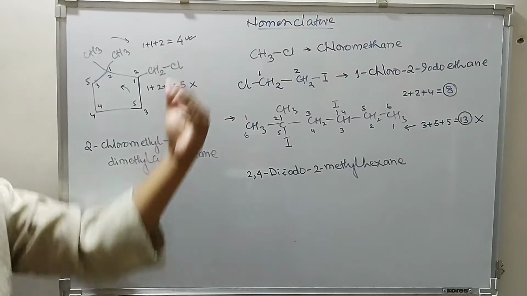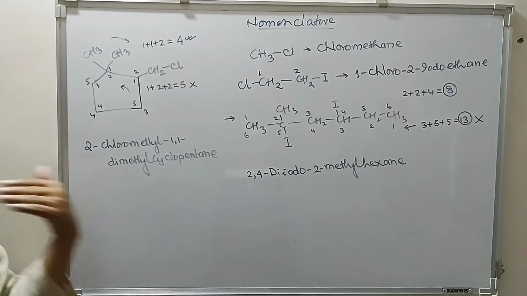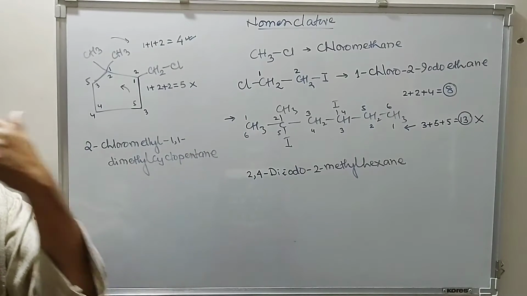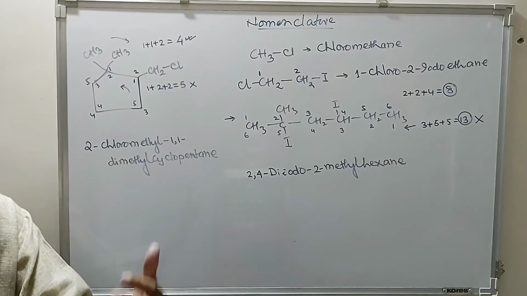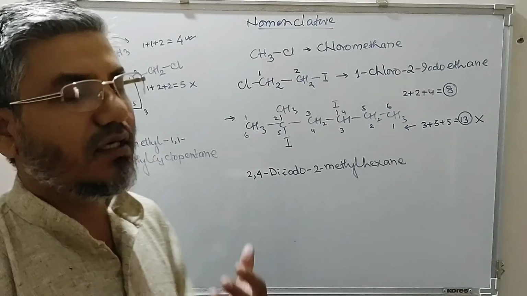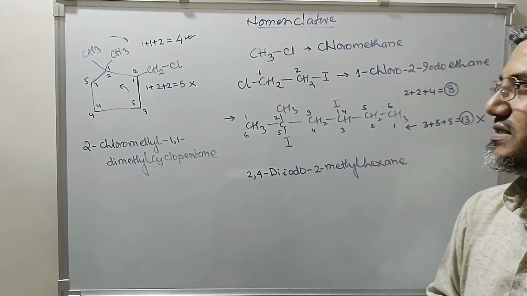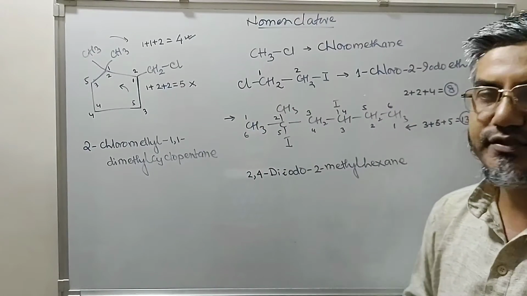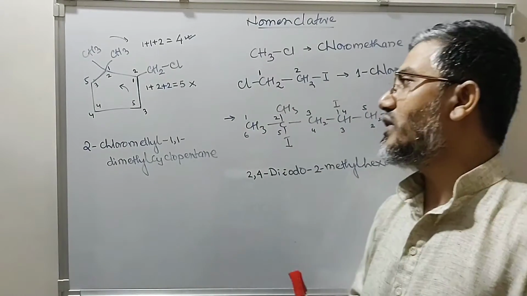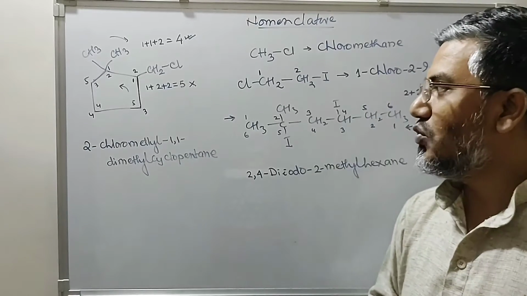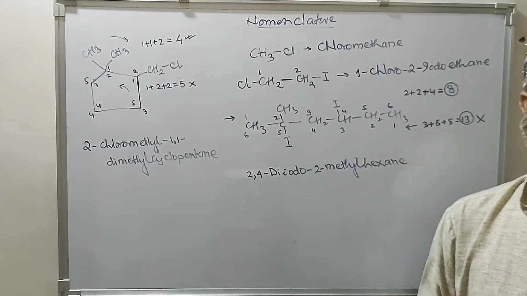So simply saying, we have to follow standard nomenclature. First we have to select the longest carbon chain, then we have to number the chain. Numbering should be done in such a way that the lowest possible value or lowest locant is given to the substituents. If two or more possible ways of numbering are formed, then the lowest sum rule should be followed.